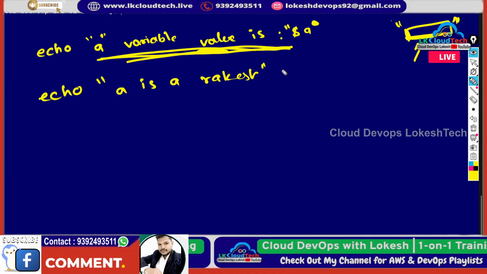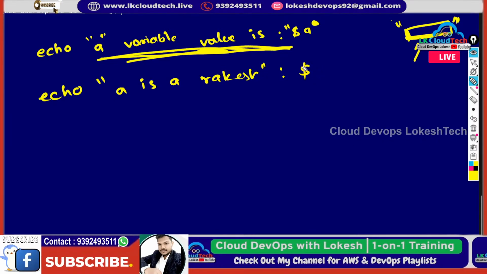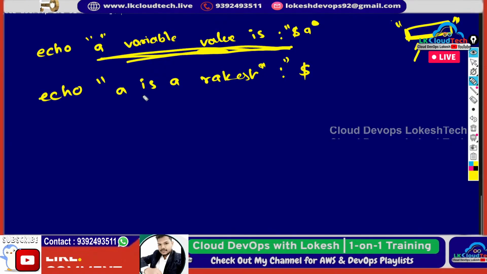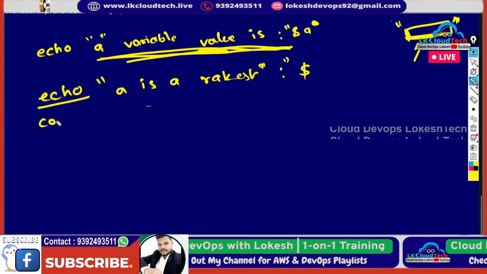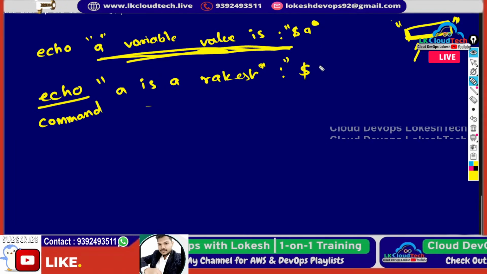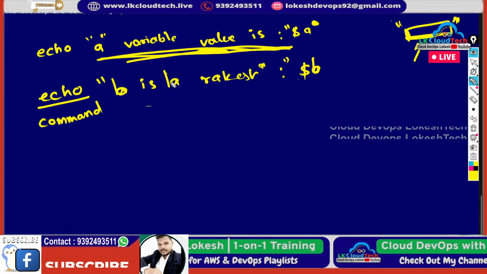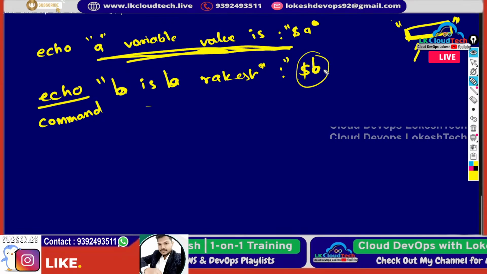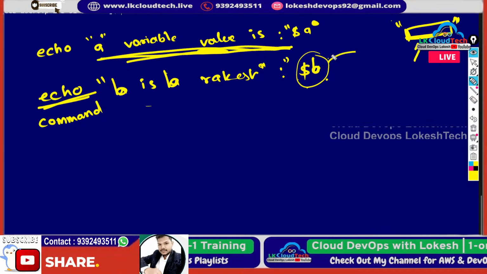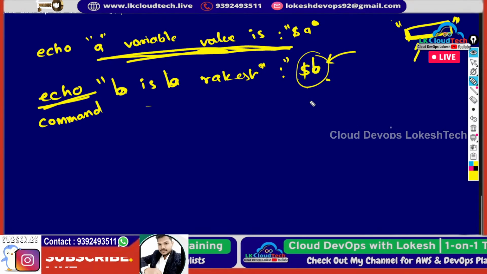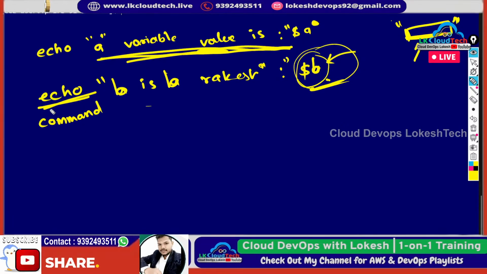I'll keep something different, like $x, and close the quotes here. Whatever is shown inside the quotes is a string; you can keep anything inside it. But echo is a command, and whatever you keep here, it will print. Consider echo $b: in $b there will be a value, and that value will be printed.